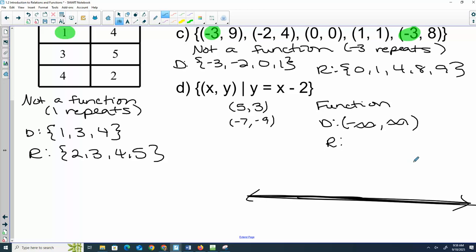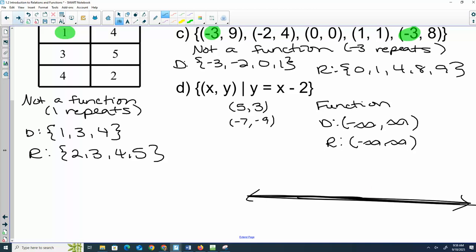Range. Is there any y value we can't get out? No, we can get anything. So the range would also be negative infinity, positive infinity. Are those okay?